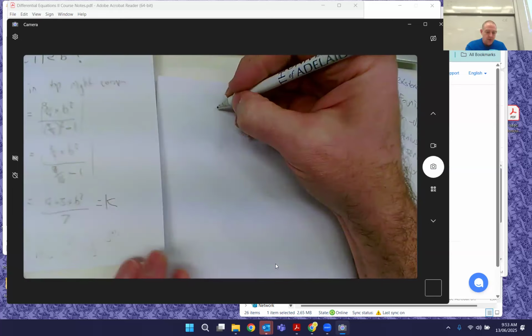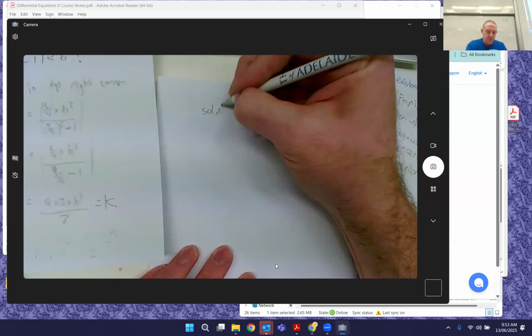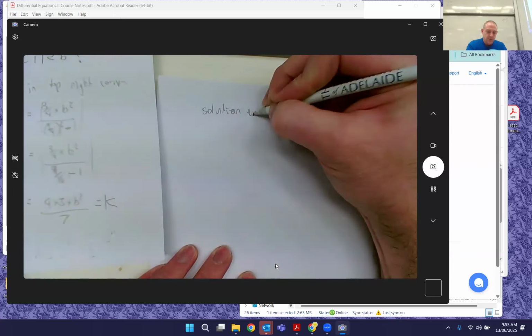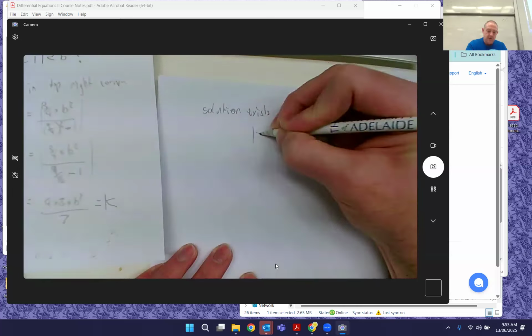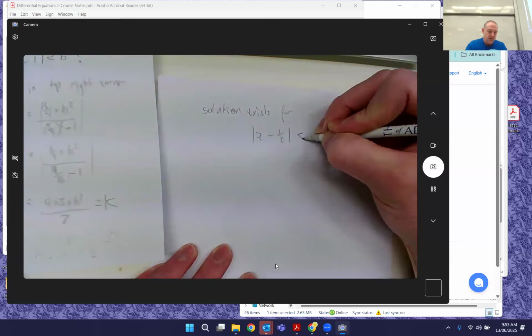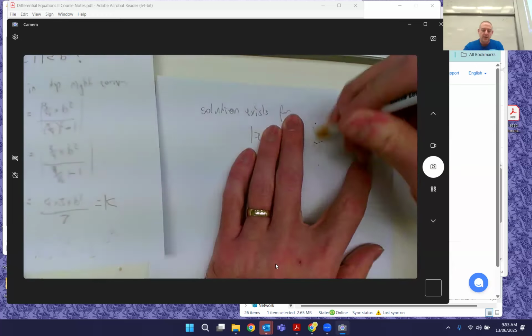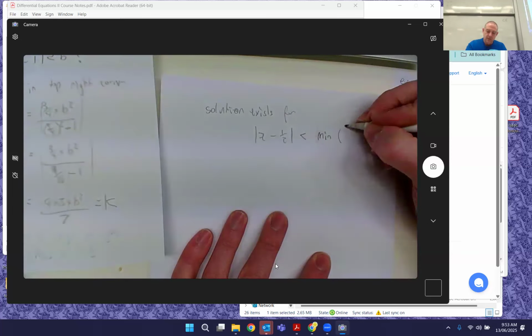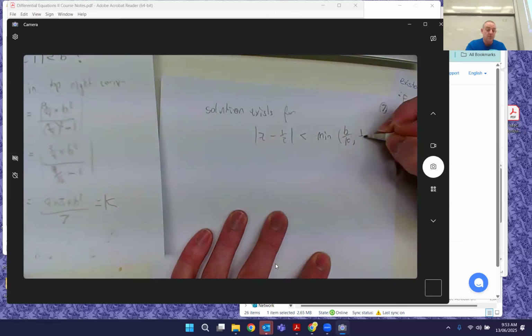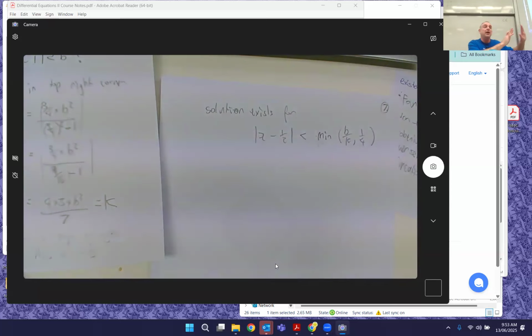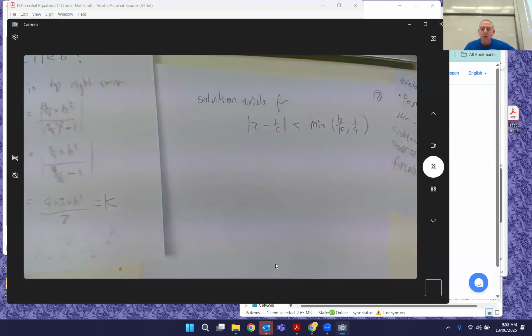And so we can do that the solution for x minus 1/2 is less than the minimum of b on k and 1/4, just keeping the same x's that we had before. Oh, well, it doesn't matter which order the minimum's in, because the minimum will be the minimum no matter what order they're in.